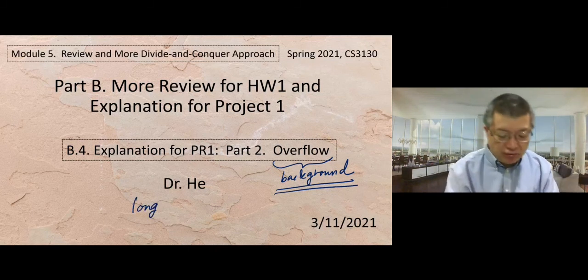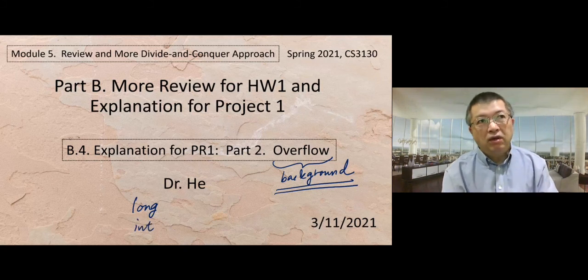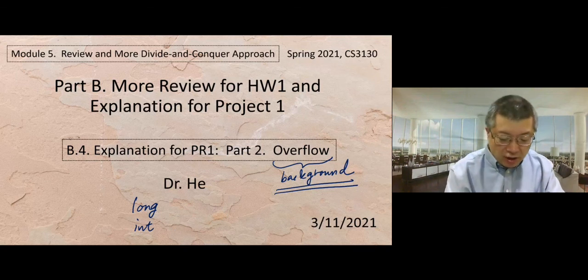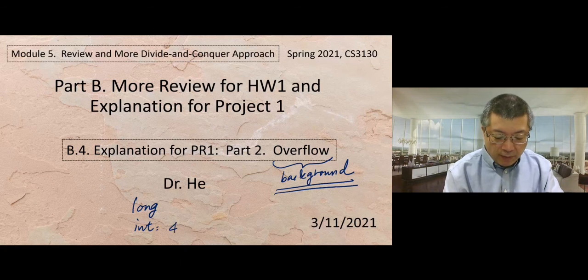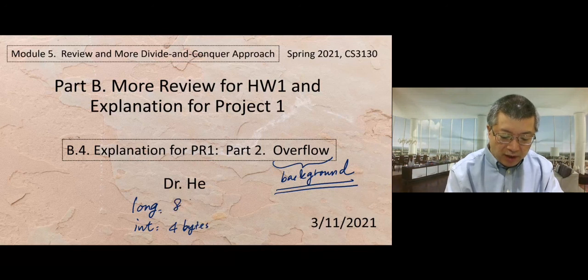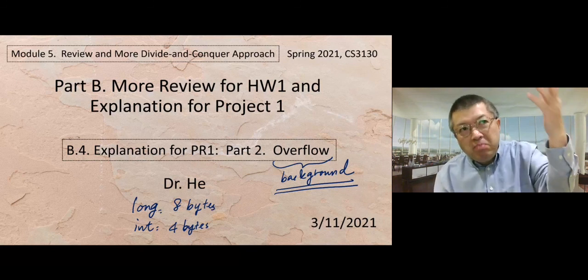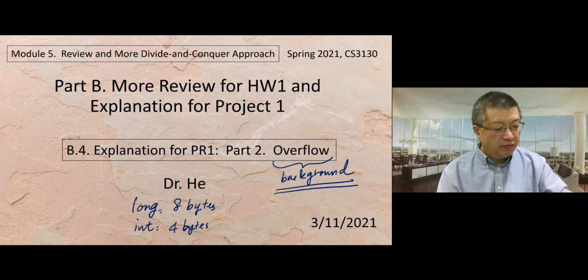With the int data type, we can get overflow much faster. For integer in Java, we use 4 bytes. Long integer, we use 8 bytes. Even when we use an 8 byte integer, we can still get overflow quickly.